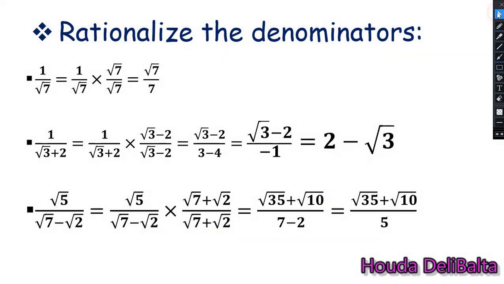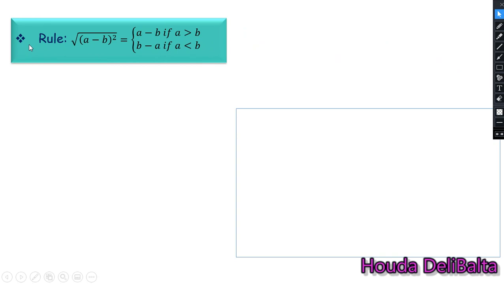Let's continue to talk about more ideas. Here is a very important rule that says the radical of a minus b, all squared, is going to be a minus b if a is greater than b.